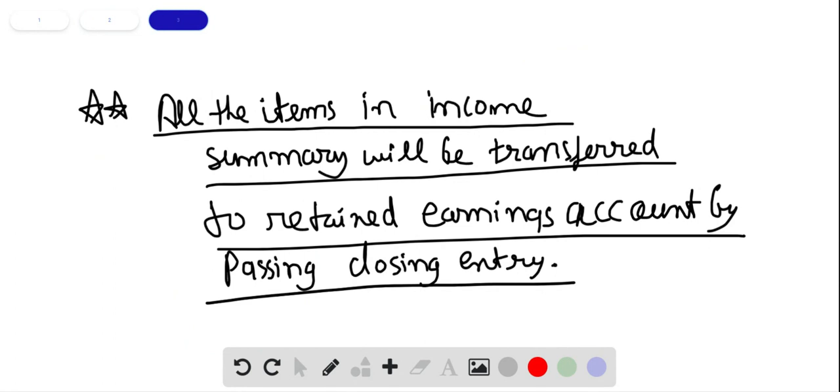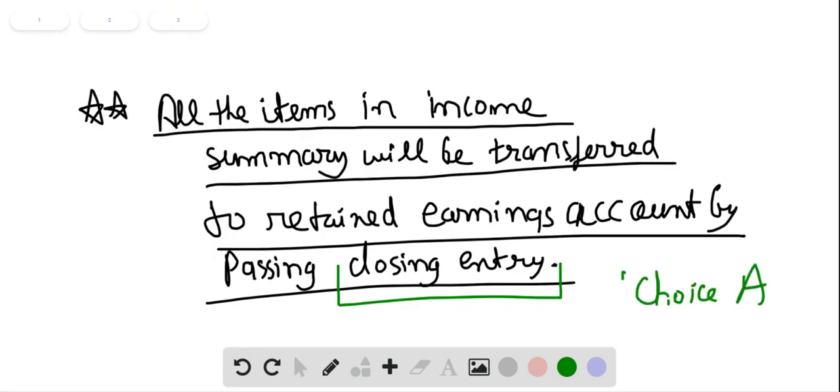And how do we close the income summary items to the retained earnings account? By passing closing entries. So our solution matches with choice A, that is closing entry. So choice A is correct.